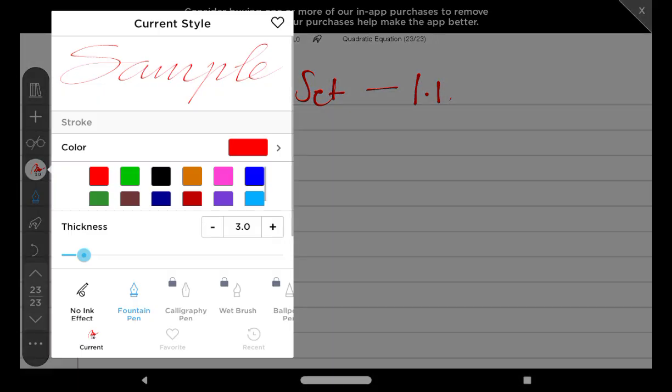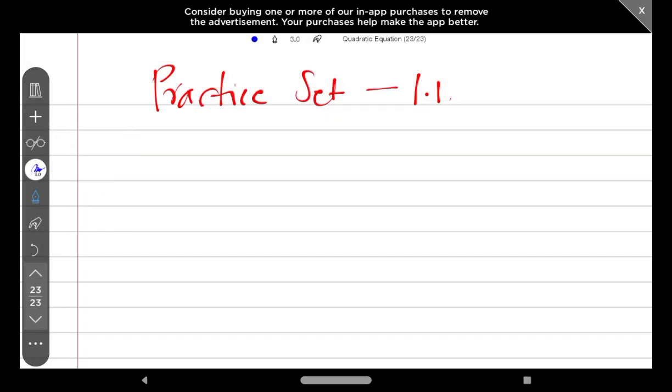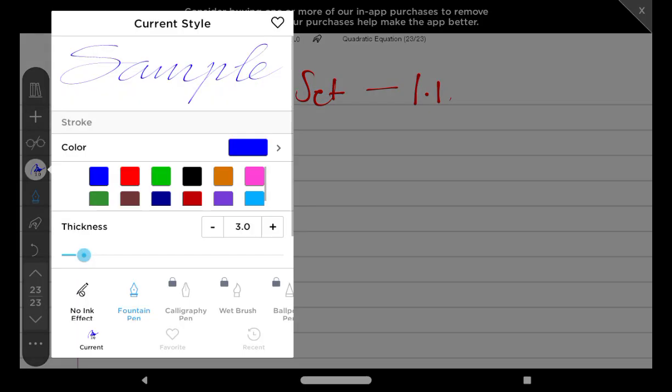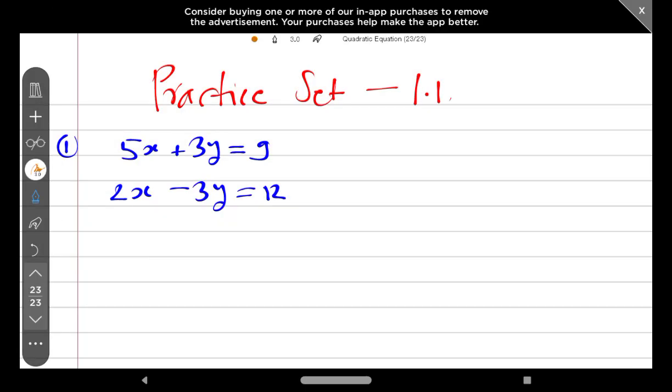Now the problem given: we have two problems. Question number 1 we are going to see: 5x plus 3y is equal to 9, and the other equation is 2x minus 3y is equal to 12. This is a problem given in your textbook.